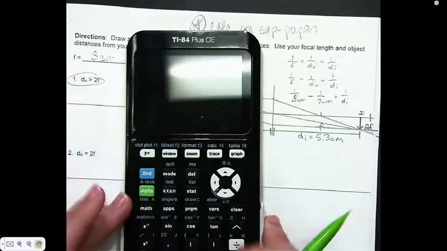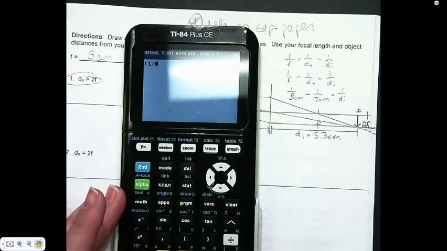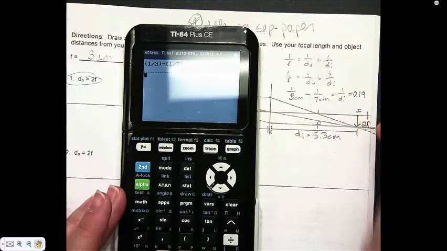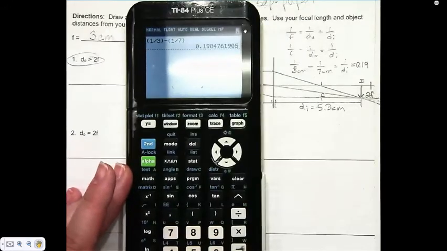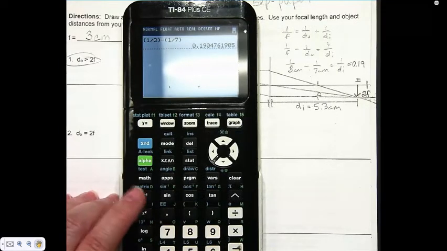When I plug that into my calculator, 1/3 minus 1/7 gives me 0.19. But 0.19 is equal to 1 over the image distance. So the easiest way to take the inverse is to simply click on the inverse button, which looks like x to the negative 1, just below the math button.